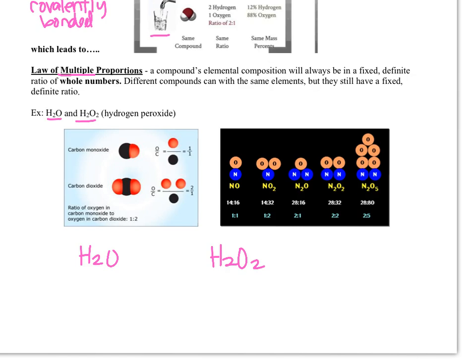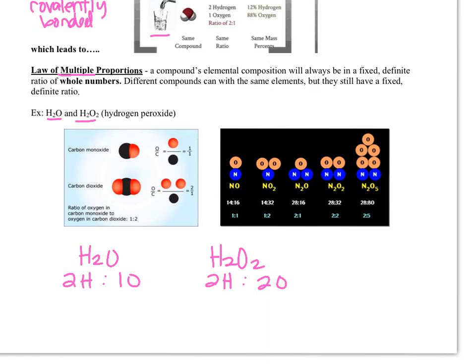So water specifically is 2 hydrogens to 1 oxygen, no matter what, whereas hydrogen peroxide is 2 hydrogens to 2 oxygens. So it doesn't matter if I have a big bottle of hydrogen peroxide or a couple drops of hydrogen peroxide. It's still 2 to 2, whereas water, I could have a big bottle or a drop, it's 2 to 1.